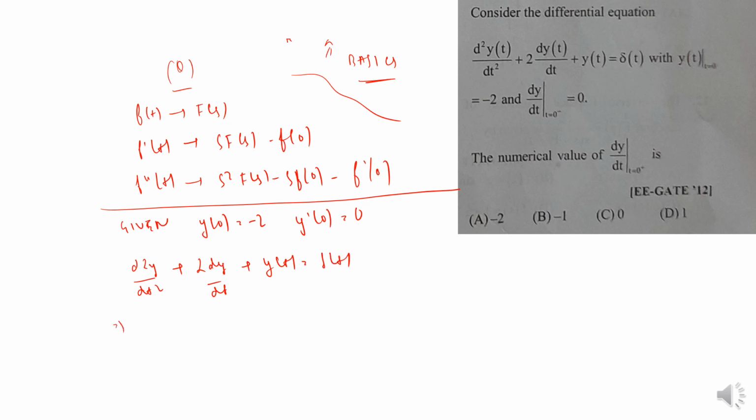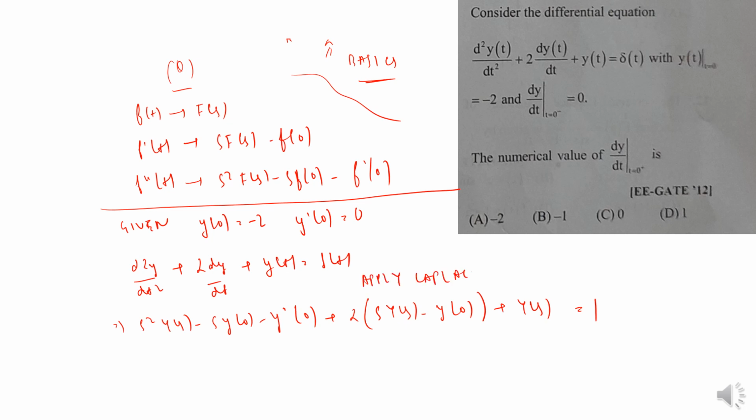What can we write about this? s square into Y of s minus s into y of 0 minus y dash of 0, plus 2 into s into Y of s minus y of 0, plus Y of s is equal to 1. This is what we get when we apply Laplace transform, right?